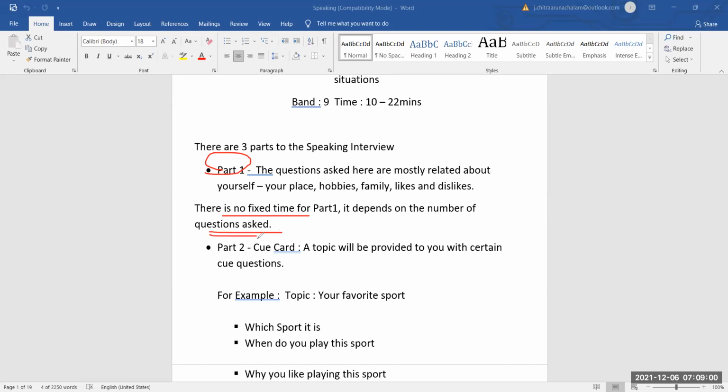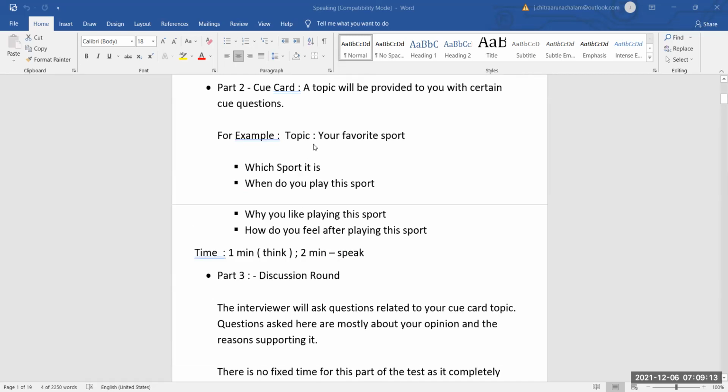Next, part 2. In part 2, it's a cue card topic. A topic will be provided to you with certain cue questions. See here, this is your topic.